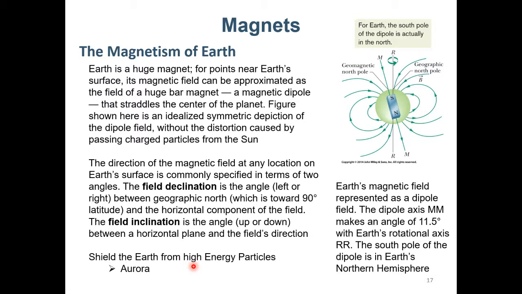But this is the weak point of the Earth. If the high energy particle is shooting in at this angle, then this shield cannot block the high energy particle. Then it will directly inject into the Earth, and then you will see the aurora.